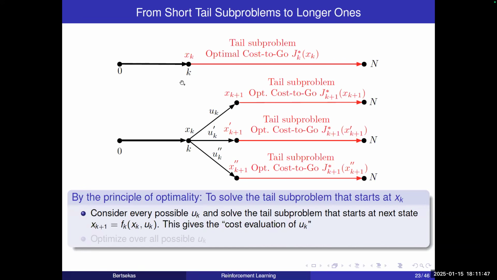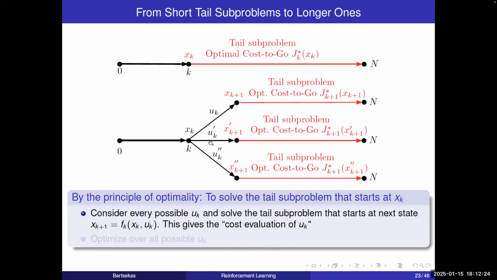Now, to solve the tail subproblem starting from xk, if we try to use brute force, we need to consider all the control sequences uk, uk plus 1, and so on. But the principle of optimality tells us that starting from some uk prime, let's assume this uk prime is the optimal, then for the tail portion of the subproblem, we have already computed and obtained the solution.